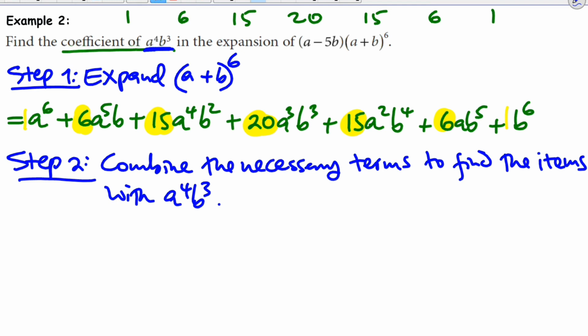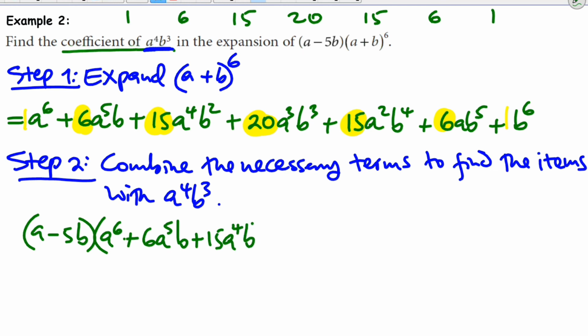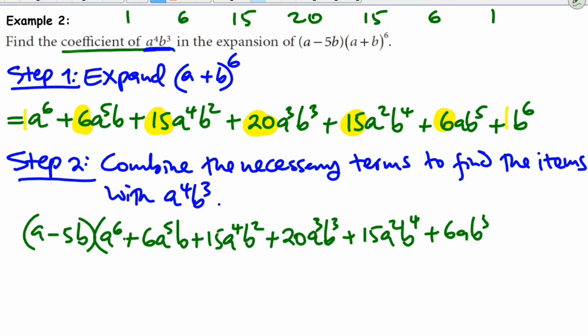So basically what you're going to have here is (a minus 5b) multiplied by the results that we had in step 1, which is a to power 6 plus 6a to power 5b plus 15a to power 4b squared plus 20a to power 3b to power 3 plus 15a squared b to power 4 plus 6a b to power 5 plus b to power 6.